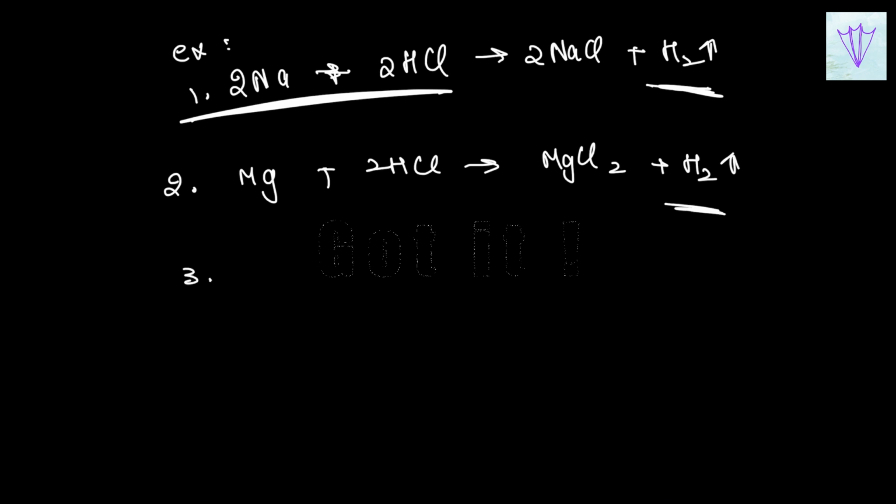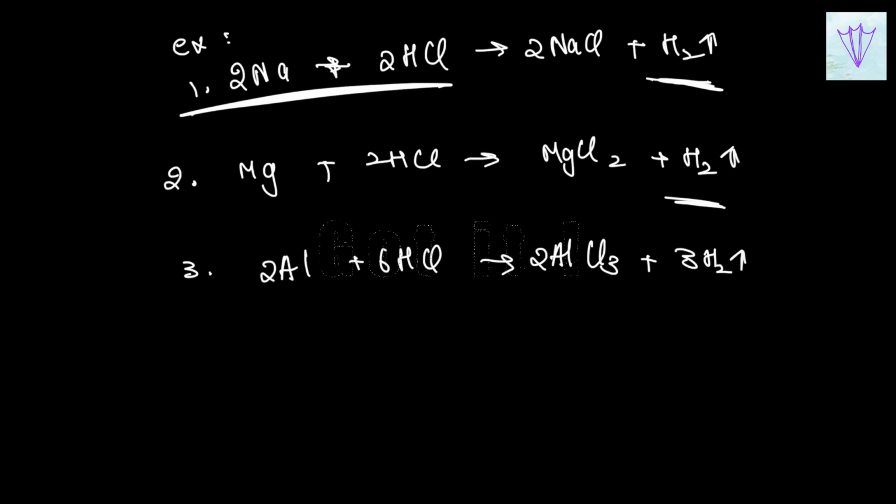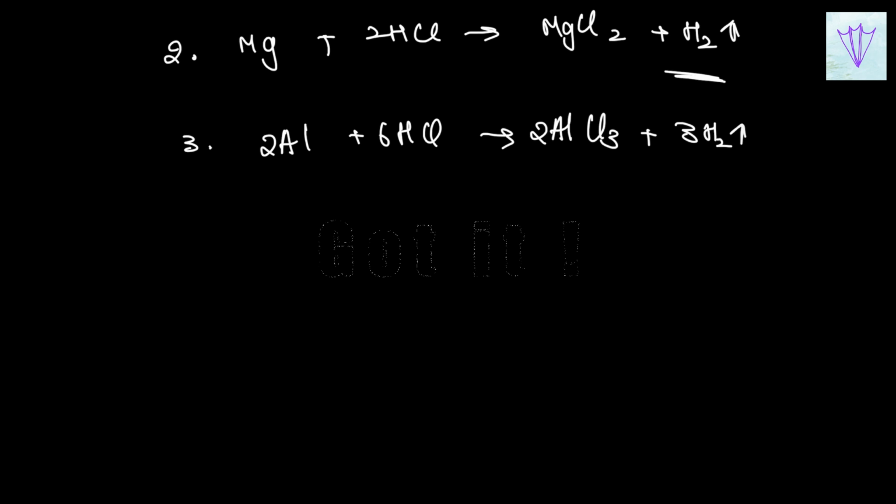The next example is the reaction of aluminium with dilute acid, which will give rise to aluminium chloride plus 3H2. Here the H2 will be evolved comparatively less readily. The fourth is the reaction of iron with dilute acid, which will give rise to FeCl2, iron(II) chloride, plus H2 gas.